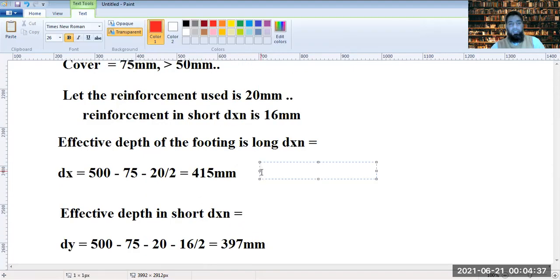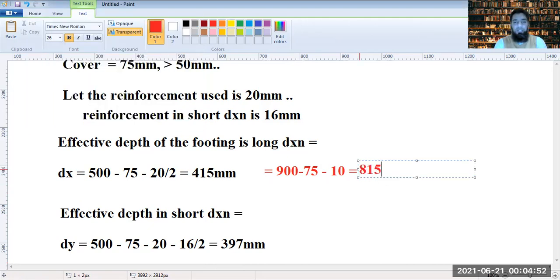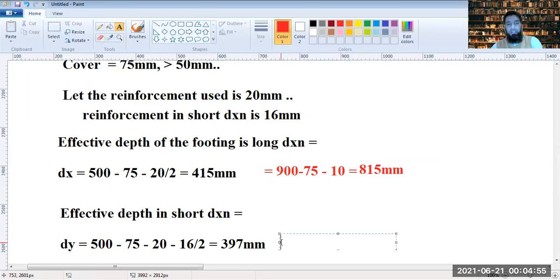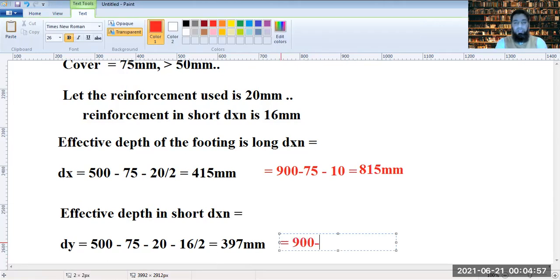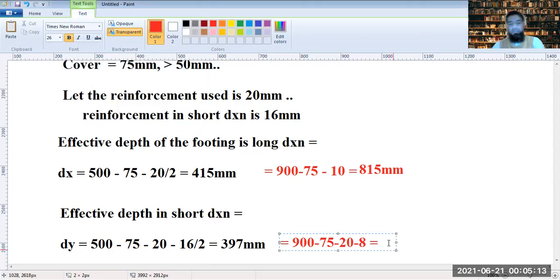In this direction, it would be 900 minus 75 minus 10. That's 815 mm. In this direction, it would be 900 minus 75 minus 20 minus 8. That's 797.